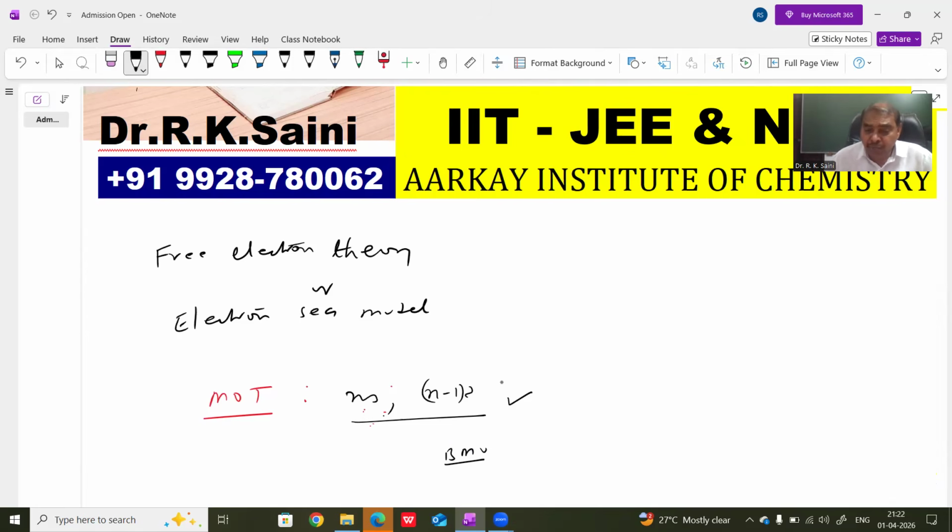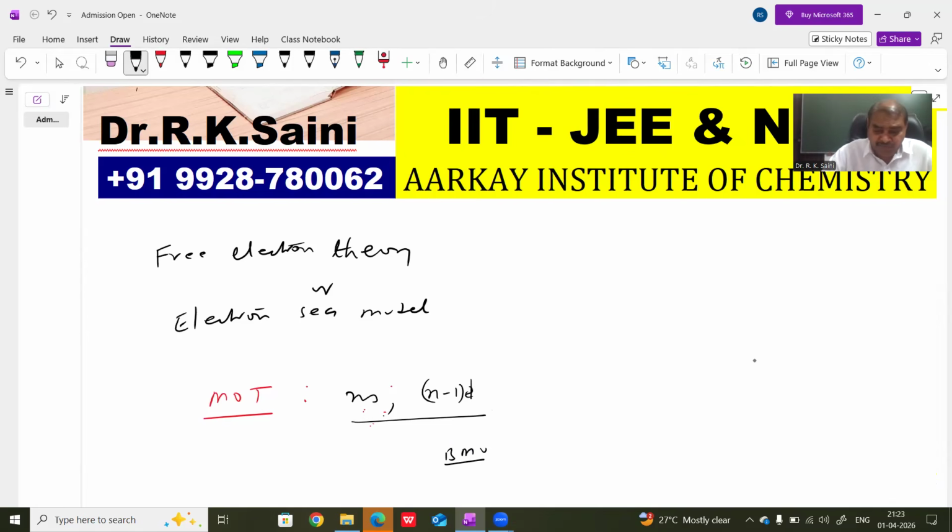And when pairing of d electrons takes place, then electrons enter into high energy, or anti-bonding molecular orbitals, which have higher energy, therefore the metallic bond becomes weaker.